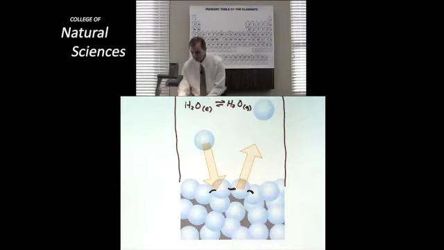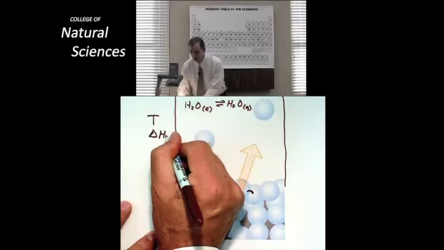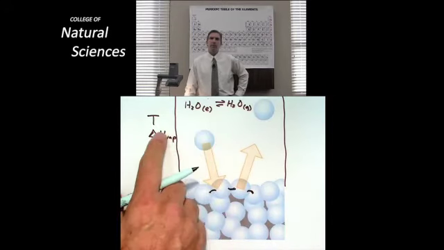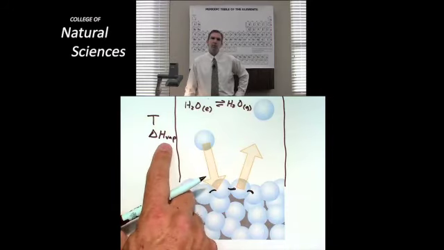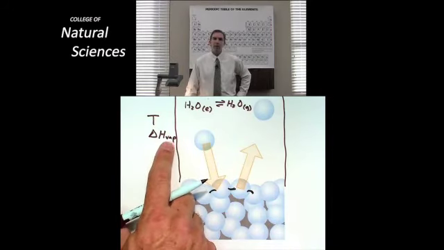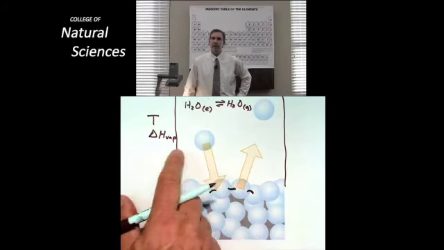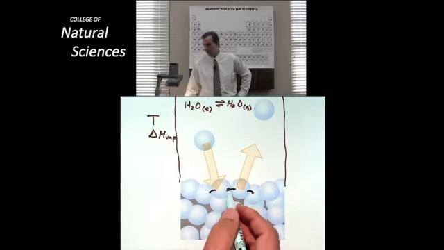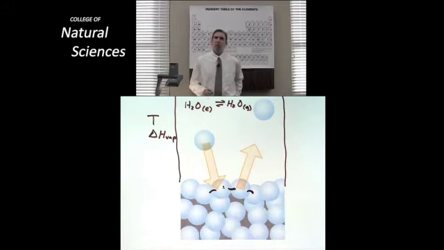We can, and that model is going to be built on knowing two different values: the temperature of the system that I'm working at and the actual physical parameter which best explains what is going on with these intermolecular forces. It turns out that it is the heat of vaporization, the amount of energy it takes to turn a liquid molecule into a gas molecule, that I need to know so that I can do this calculation.